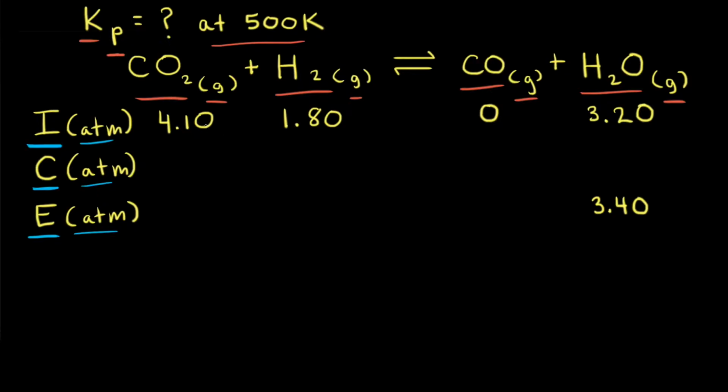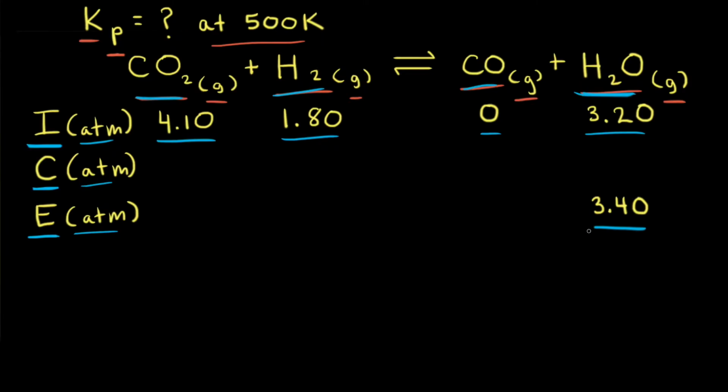Let's say the initial measured partial pressures are 4.10 atmospheres for carbon dioxide, 1.80 atmospheres for hydrogen gas, and 3.20 atmospheres for H2O. Since we didn't add any carbon monoxide in the beginning, the initial partial pressure of that would be 0. After the reaction comes to equilibrium, we measure the partial pressure of H2O to be 3.40 atmospheres.